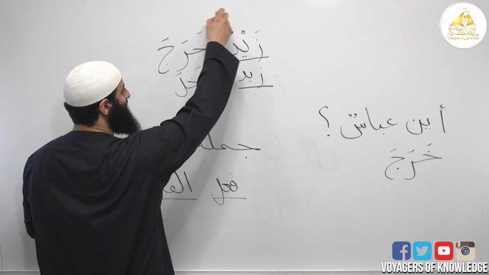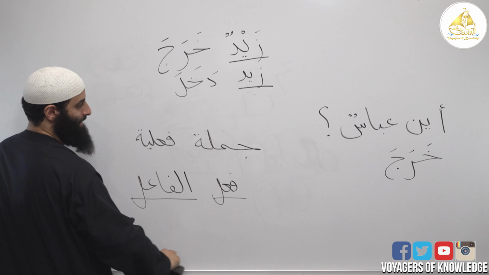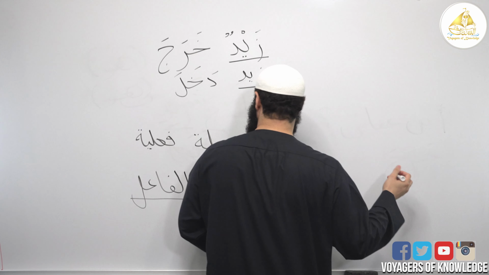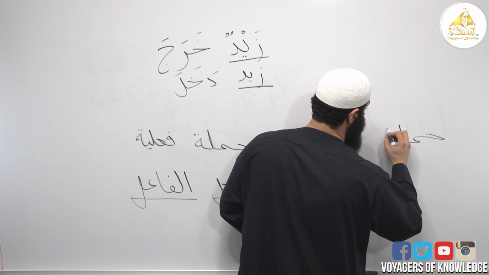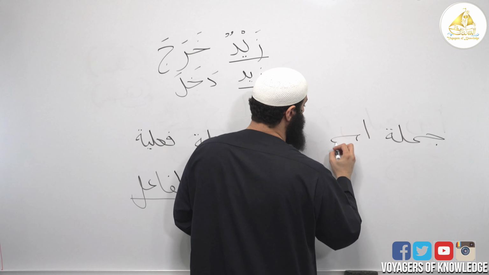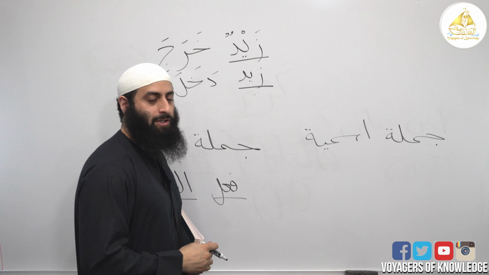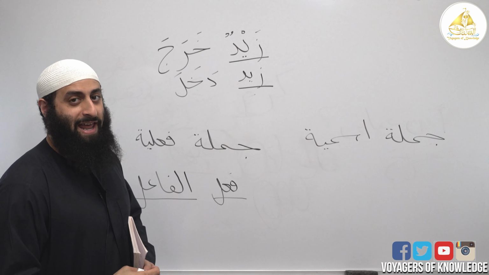So what's this sentence? This sentence is not jumla fi'liya, but rather, and we're going to wrap up our lesson in a second, it is called jumlatun ismiya, which means a nominal sentence, and that just simply means that the first word in the sentence is a noun.